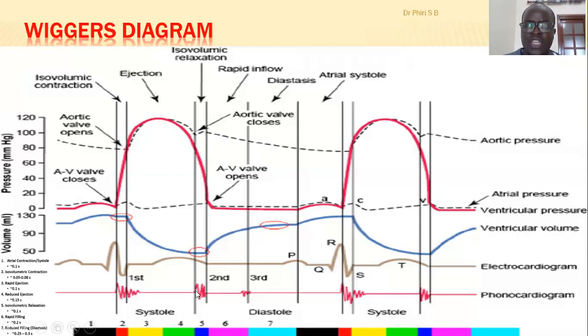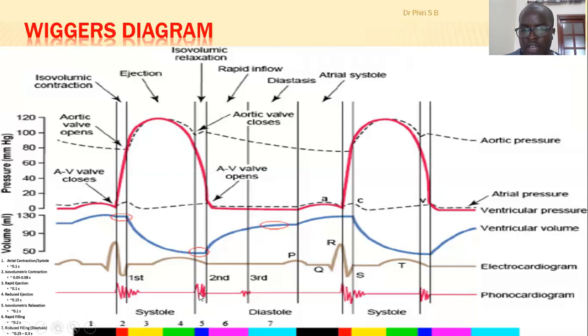This phase 5 will start when the aortic valve or the semilunar valve closes. The closure of the semilunar valves will result in the second heart sound within the phonocardiogram.